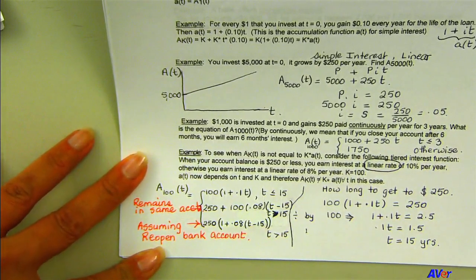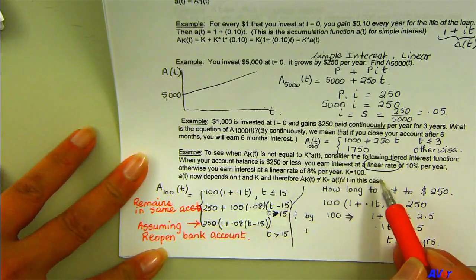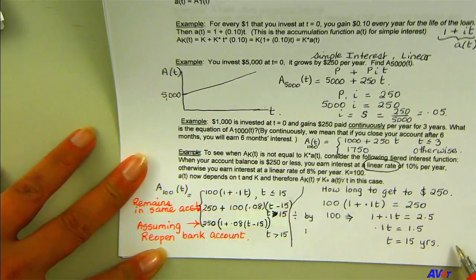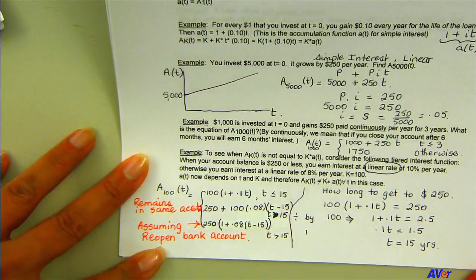Can you just explain again why it's T minus 15, like how we know? Okay, so this problem said up to 15 years, when the balance reaches 250, you have a 10% interest rate. But past 15 years, you have an 8% interest rate. And how do I know it's 15 years? Because I solved for when the balance is going to be 250. So you need to specify it. Yeah, so after 15, something different happens than before 15. Follow me?